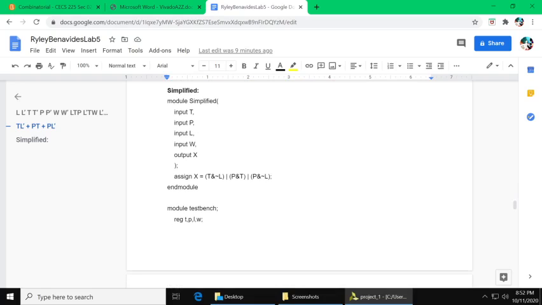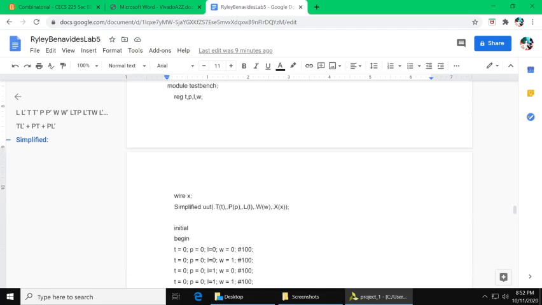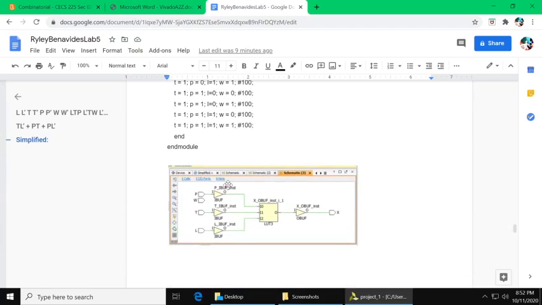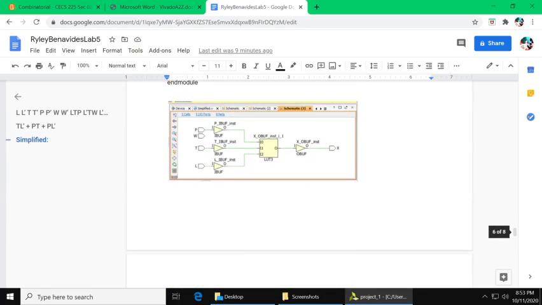My simplified, I did the same thing. I just assigned all the inputs, the output. I assigned X to the simplified form of the equation that I had, which was T and not L, or P and T, or P and not L. And these are what the schematics look like for that.